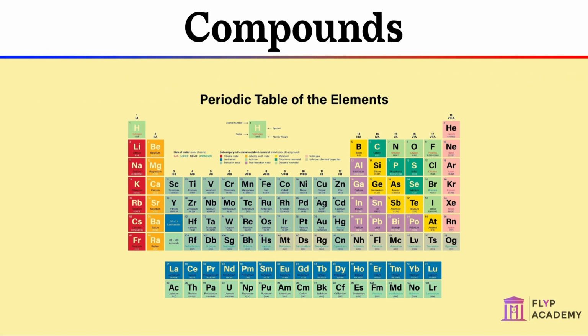Atoms can join in different ways to form compounds. One way is when an electron pair is shared between two atoms. This is called a covalent bond. Another one is when an electron is donated from one atom to another, an ionic bond.